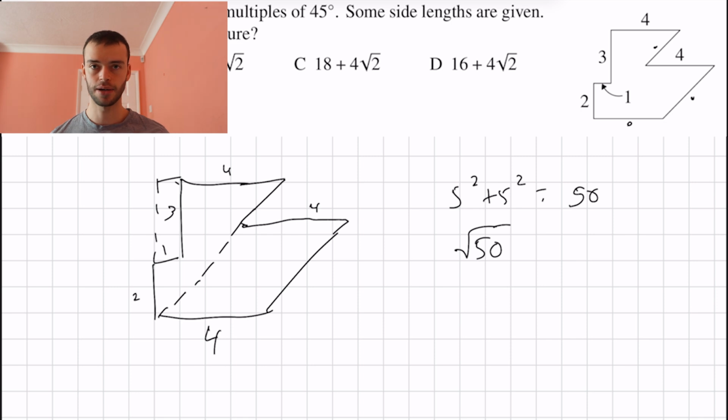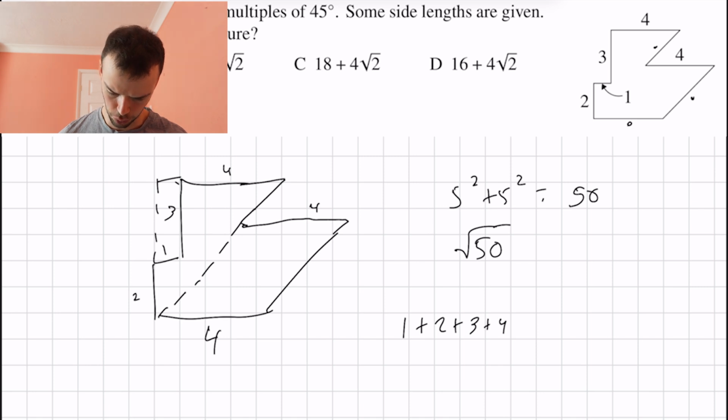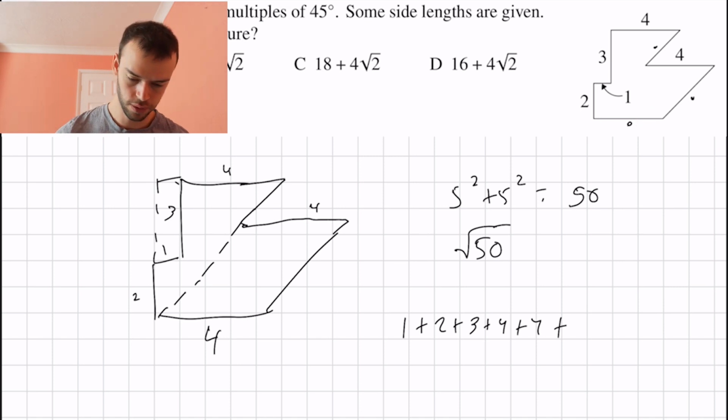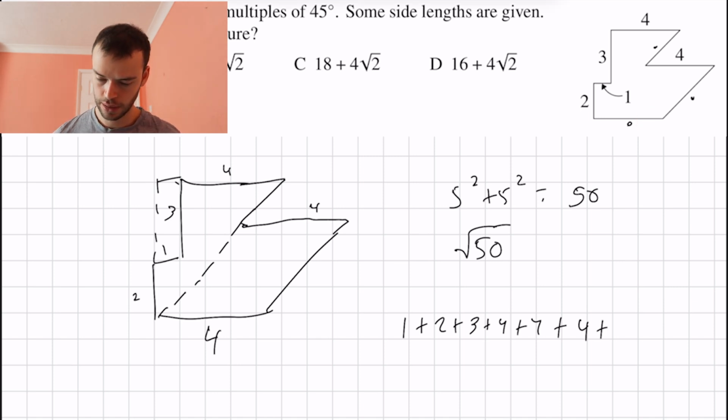Now we can actually add up all the perimeter lengths that we have. So we've got 4 plus 3 plus 1 plus 2 plus 4 so far. Let's add those together. 1 plus 2 plus 3 plus 4 plus 4. We also have this bottom length here, which is just 4. And we've got the addition of this diagonal and this diagonal, which we found to be root 50.